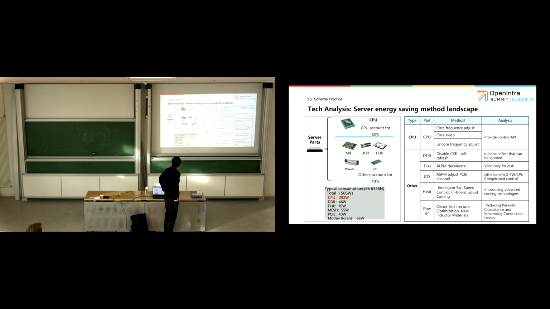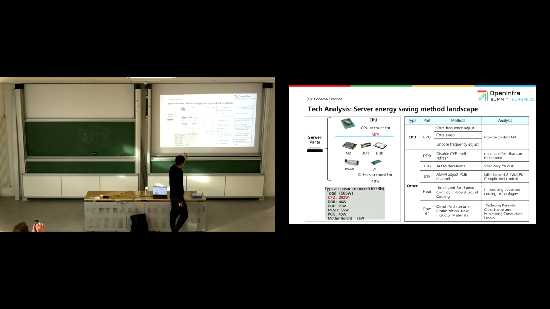I'll take one server as a typical example. You can see the power used by the node, and if you calculate, 60% of that is used by the CPU, so that's the major part.